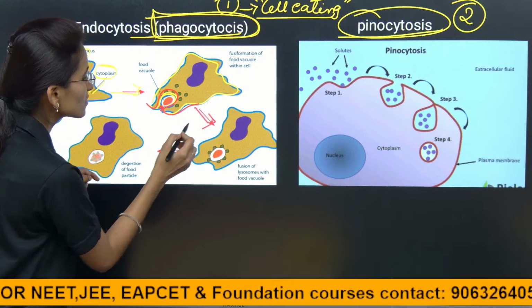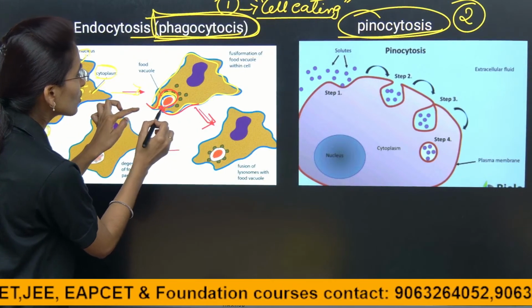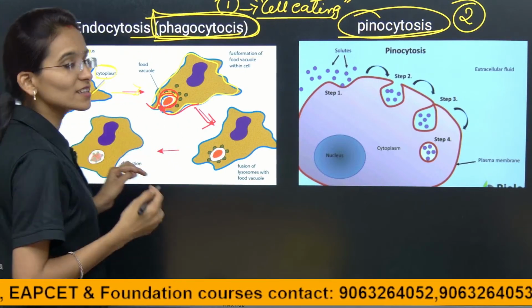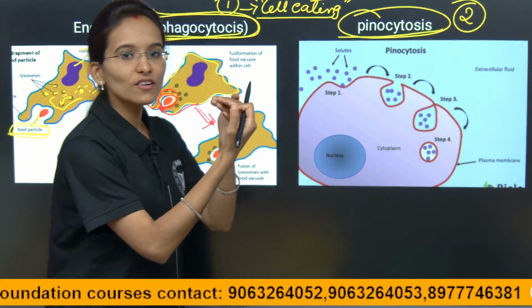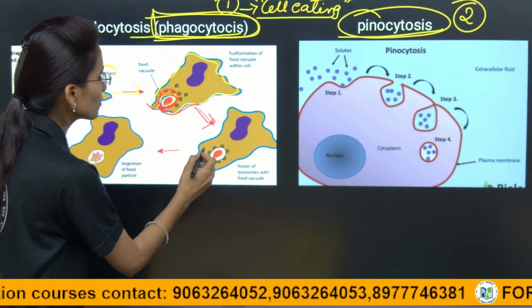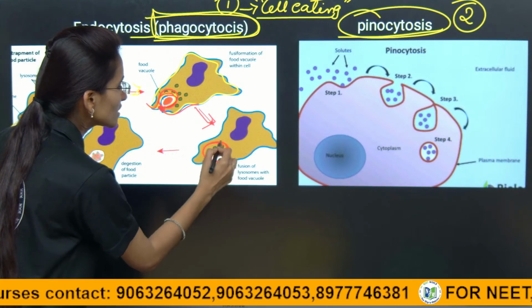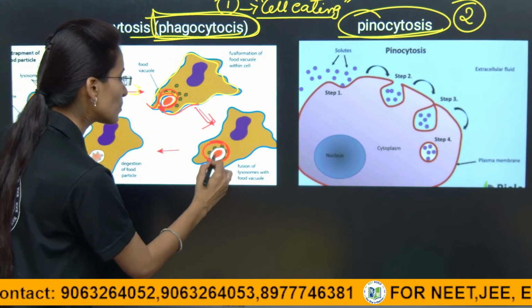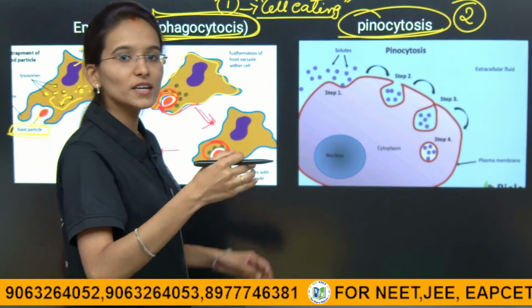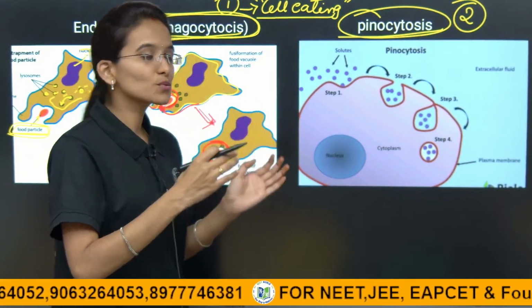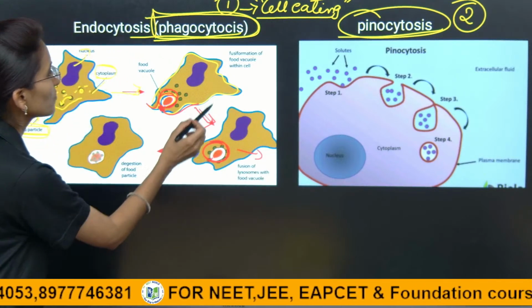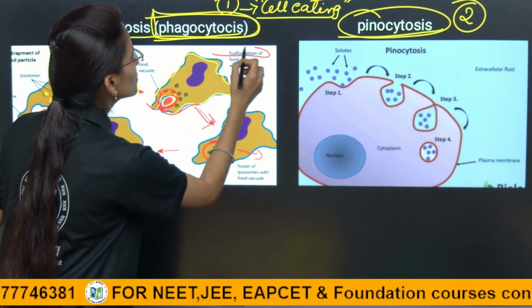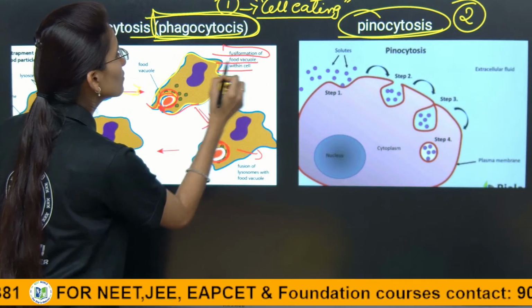In the next stage this is going to be pinched off. Whatever food particle it is going to cover, one vesicle is going to form, and it will get separated from the plasma membrane, and that vesicle is going to be transported into the cytoplasm. See here, formation of food vacuole within the cell.